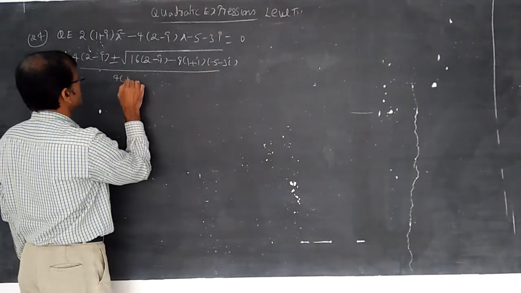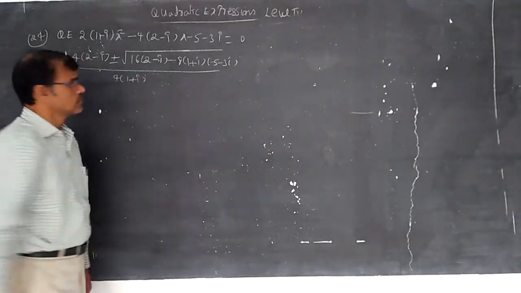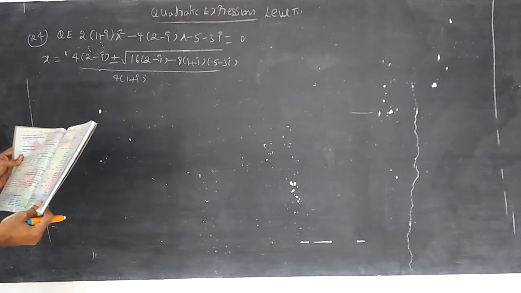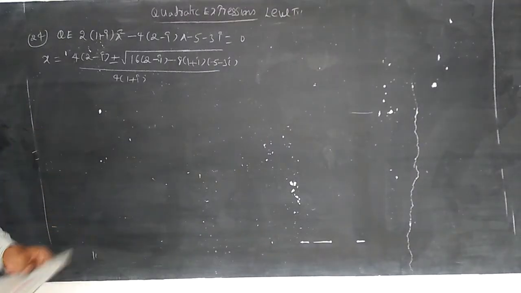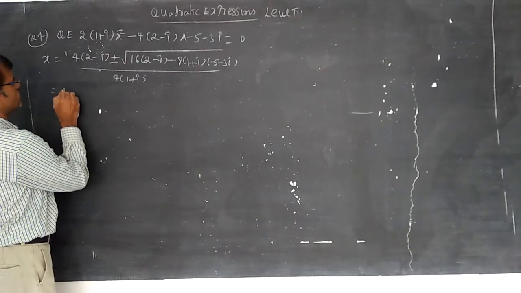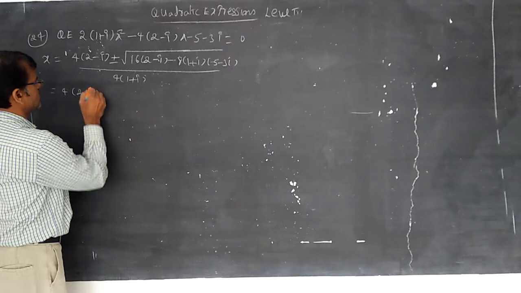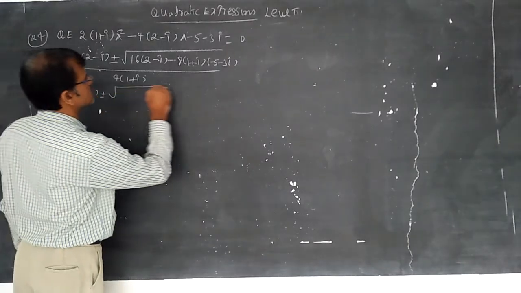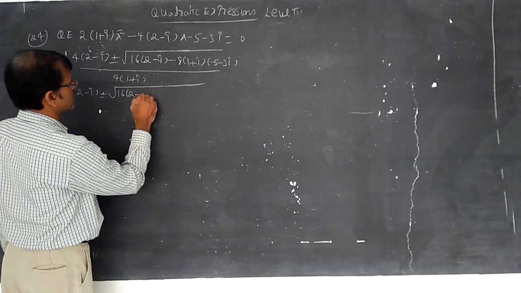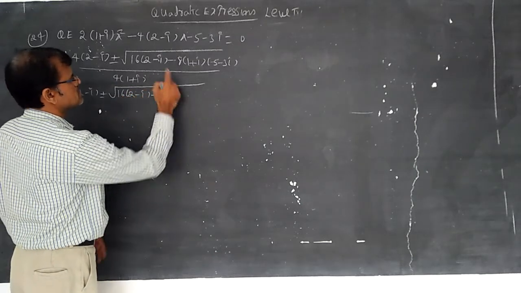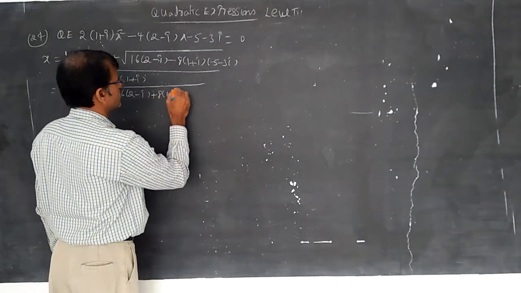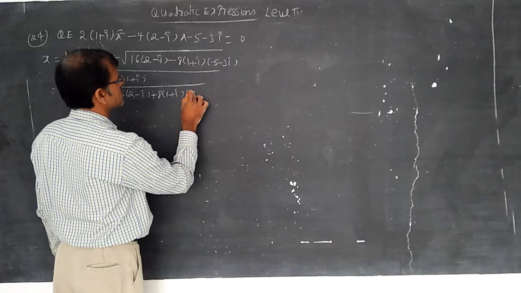So 4 into (1 plus i), good. 2 into (1 plus i) x square minus 4 into (2 minus i) x minus 5 minus 3i equal to 0. Now let us do the question. 4 into (2 minus i) plus or minus root of 16 into (2 minus i) square, minus of minus becomes plus 8 into (1 plus i) into (5 plus 3i).